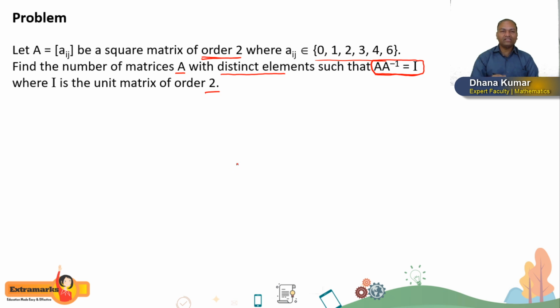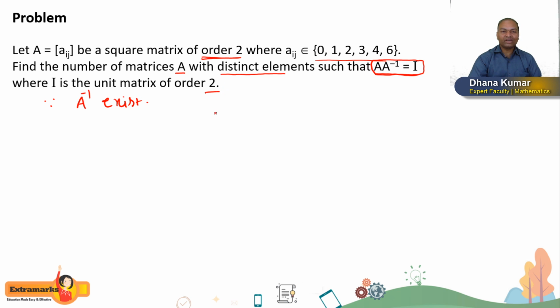Simple logic behind this one, you observe. A into A inverse is equal to I means the A inverse matrix exists or not? Right, it exists. Then only the product answer is I. If A inverse does not exist, how can we write like this? A into A inverse is I, is it correct or not? Right. Means here A inverse exists.